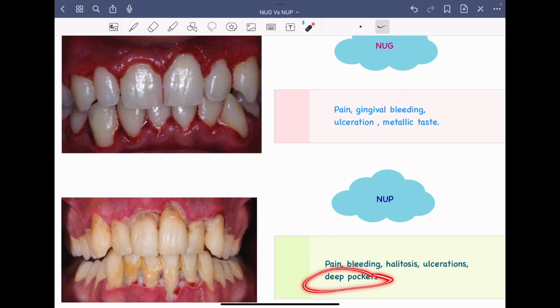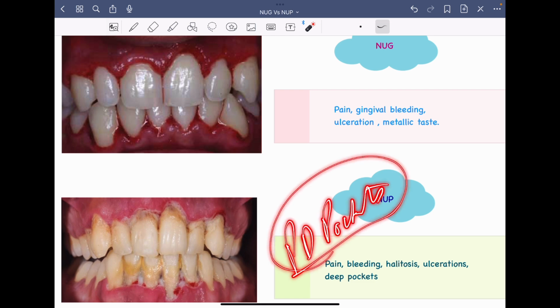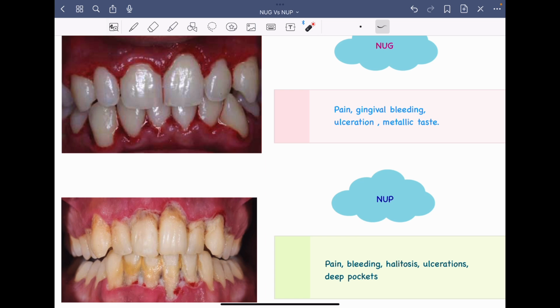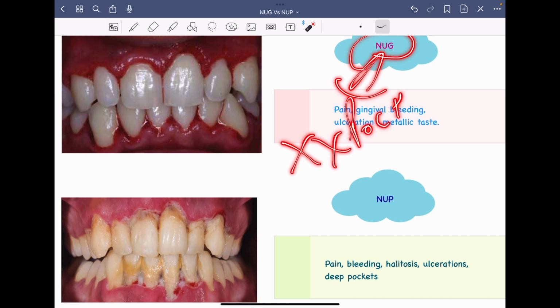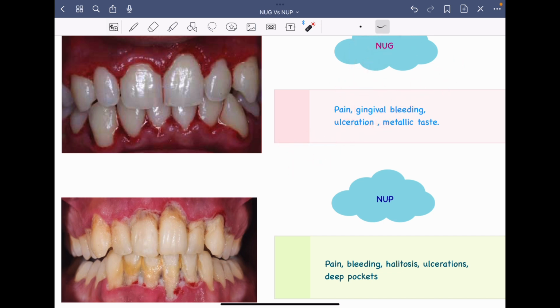right? So the differentiating point would be presence of deep periodontal pockets, because here there is involvement of periodontium and bone as well. So here there will be presence of deep pockets, whereas in case of NUG there are no pockets. This is very important.